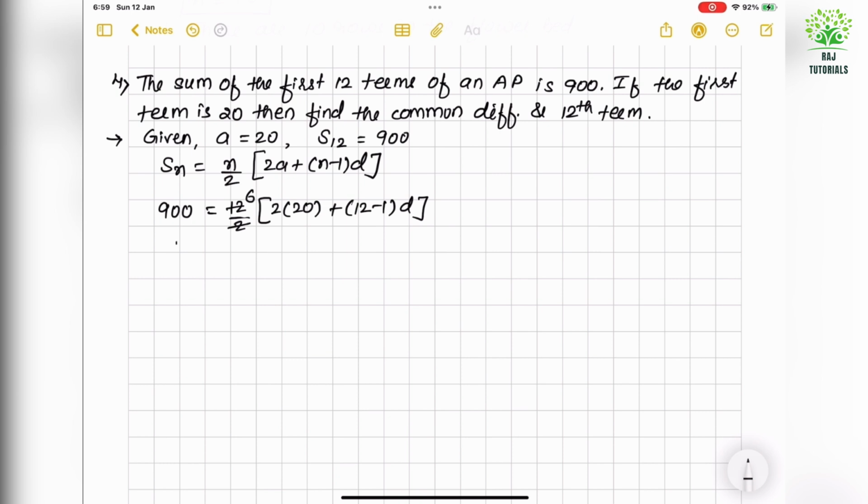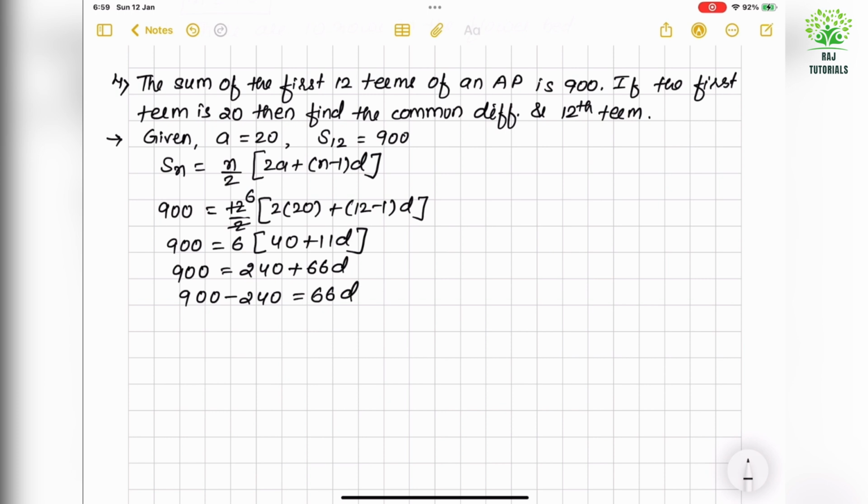So 900 equal to 6 into 40 plus 11d. So 900 equal to 240 plus 66d. So 900 minus 240 equal to 66d. So 900 minus 240 will be 660 equal to 66d. So d equal to 660 upon 66.